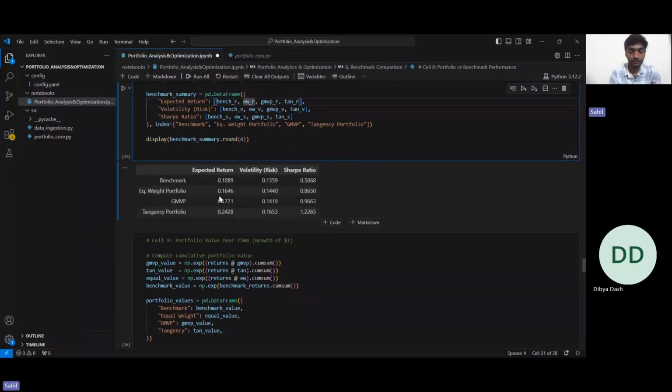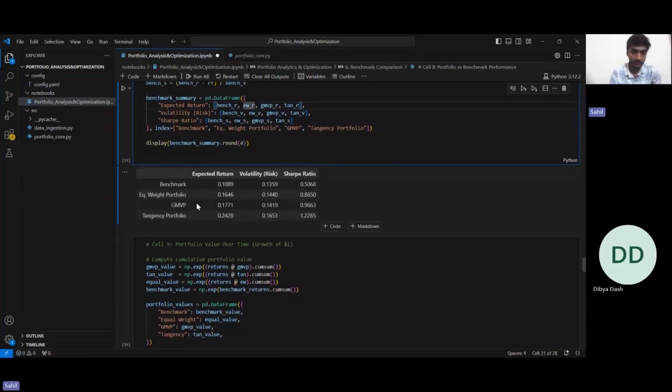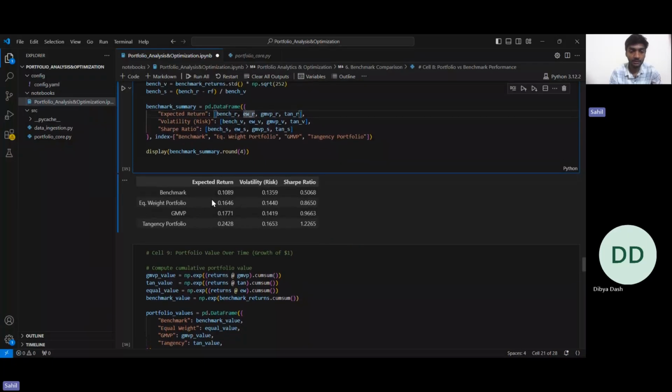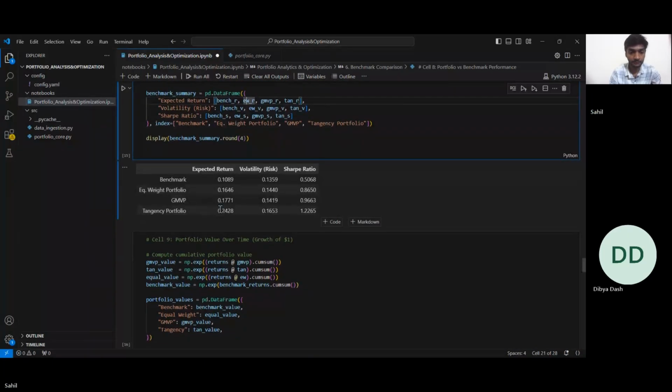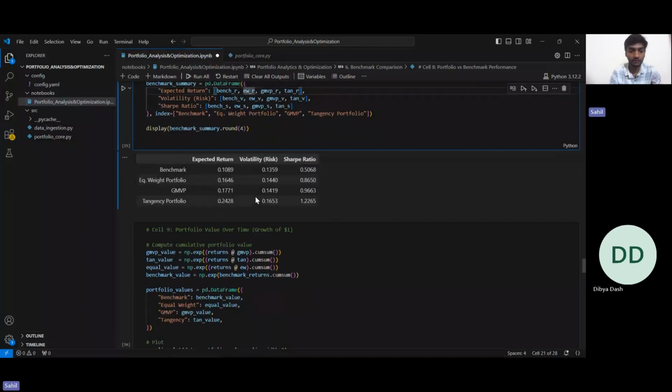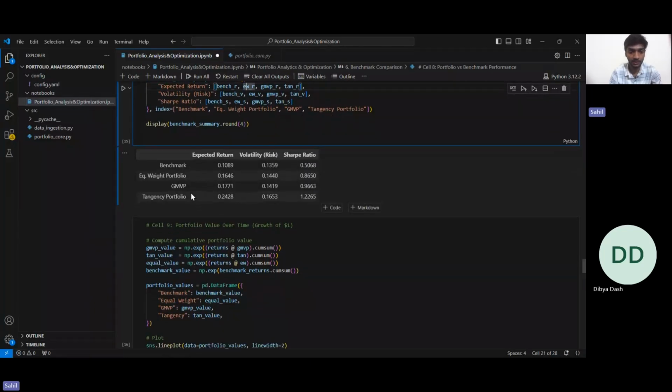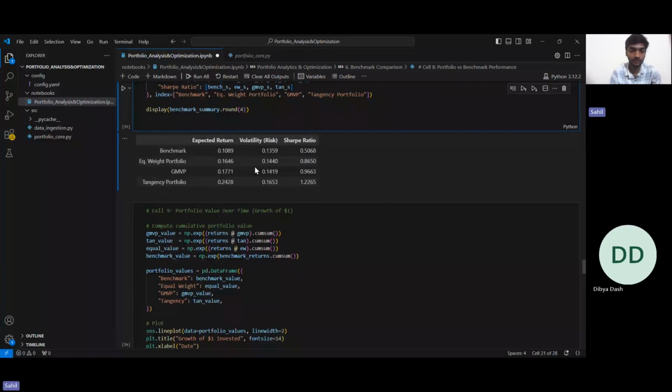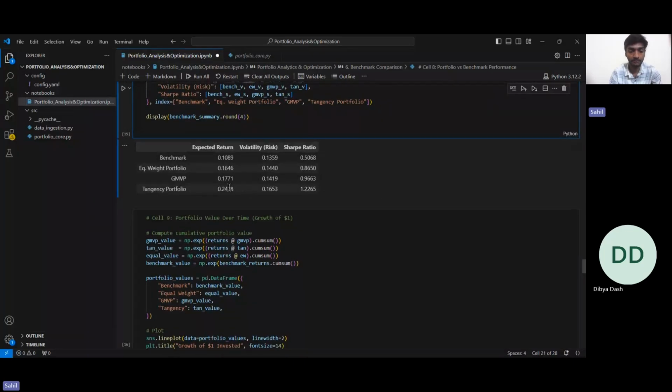If we do just diversification, like assigning equal weight to every stock, we can achieve higher performance than the benchmark. And if we do a bit of optimization, then we get the GMVP and tangency portfolio, which give even better results.